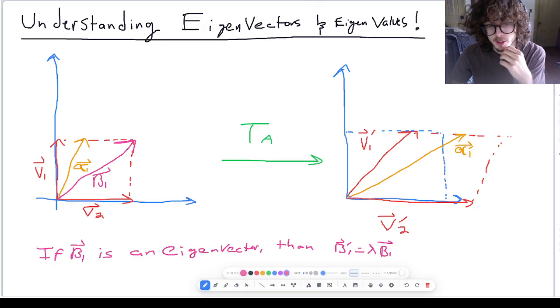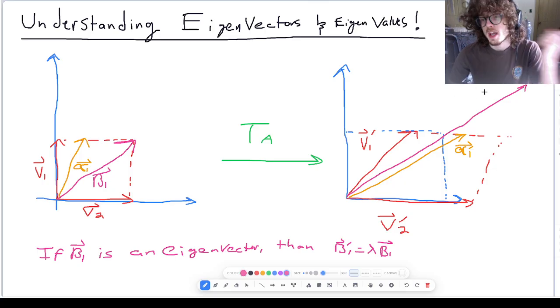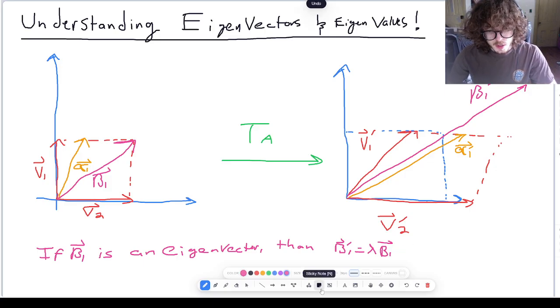And in fact, that's the case. If we were to scale this, we'd see it would go right through our, and the blue is just the projection of the red here in our initial pre-transform. If I could draw this right, that'd be great. Let's just say it scales 2 times. So here we have beta 1 prime, and we see this is in fact the case. It's just a scalar multiple, right?